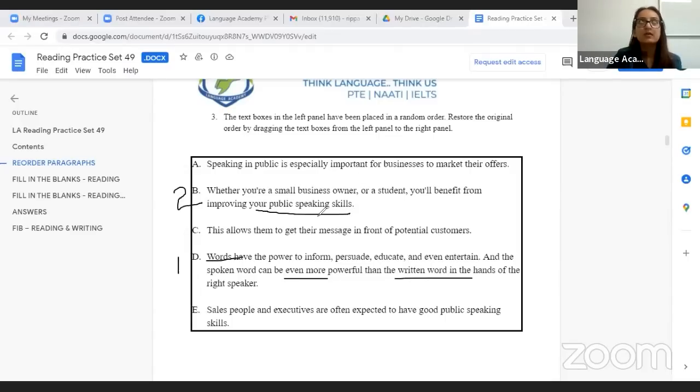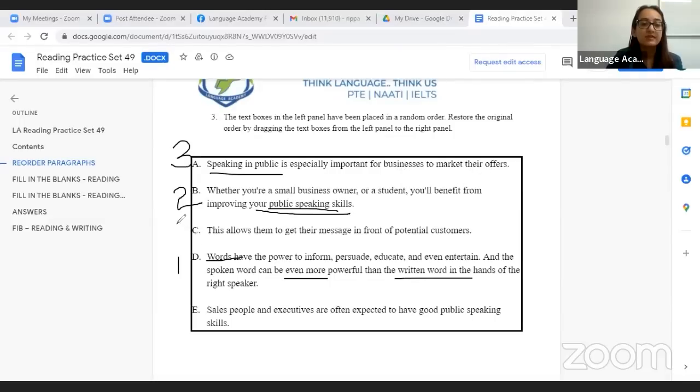So from here, what we follow is called the subject rule. Public speaking skills, yeah. So the subject or the object of this sentence becomes the subject of the next sentence. This is called the subject rule. So here we finished at public speaking skills and now we are further explaining it. Speaking in public, this is the subject now, is especially important for businesses to market their offers.